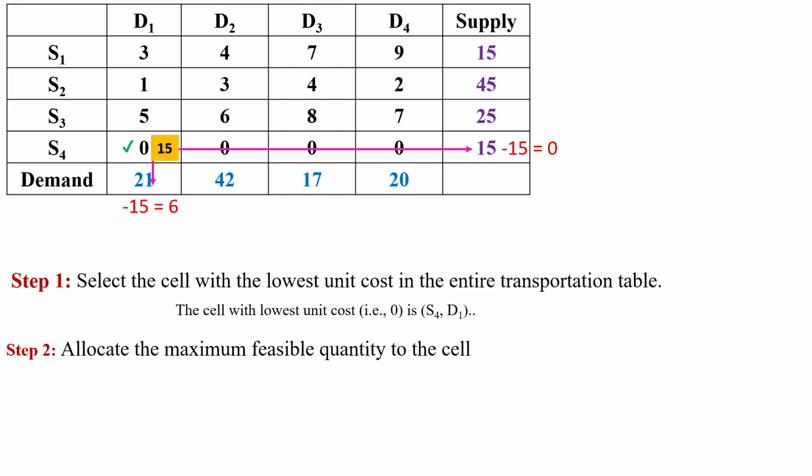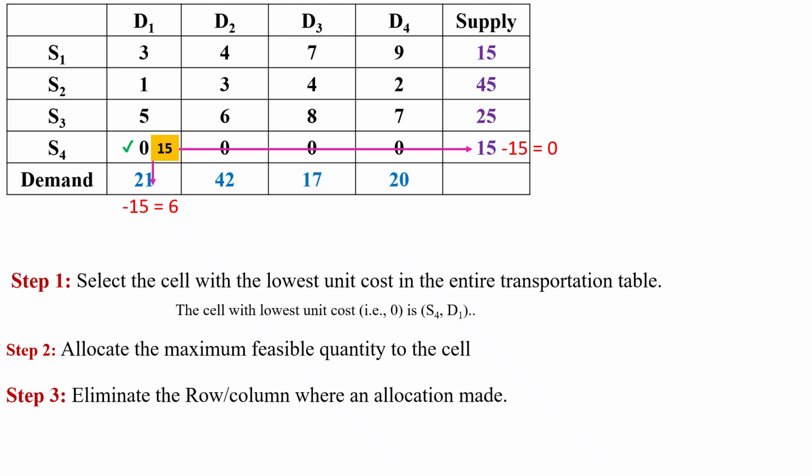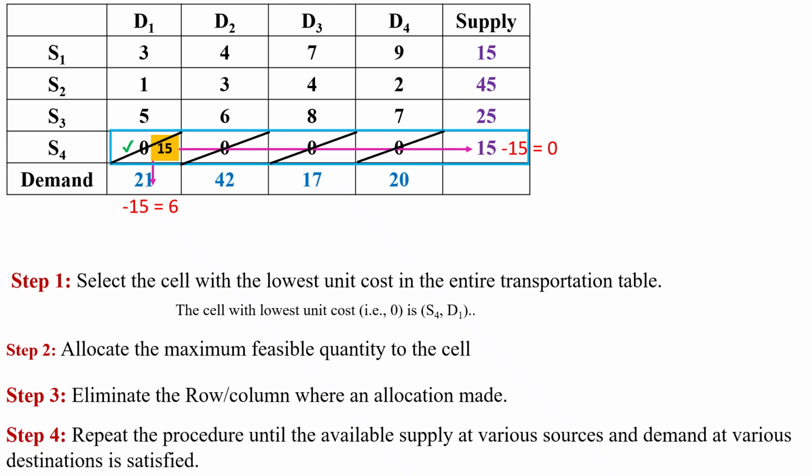Then supply becomes 15 minus 15 equal to 0 and demand is 21 minus 15 equal to 6. Next we eliminate the S4 row because its supply is 0. Then we repeat the same procedure until the table is removed.